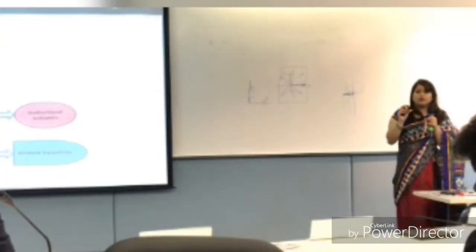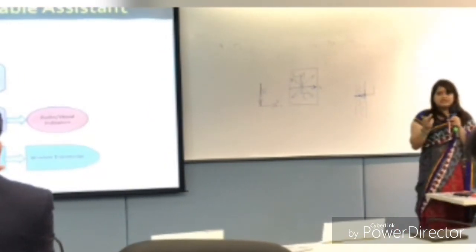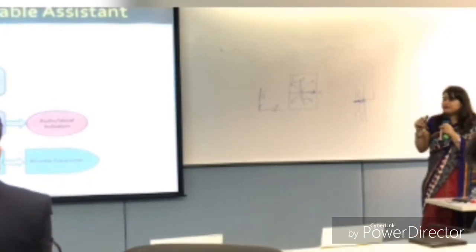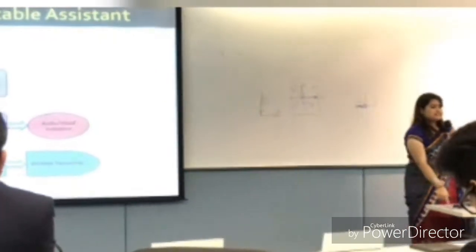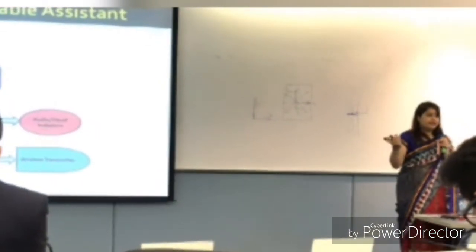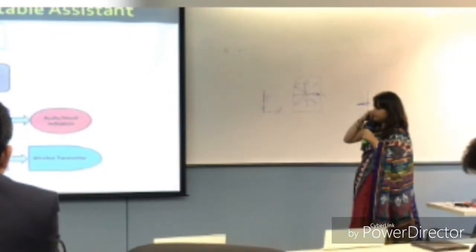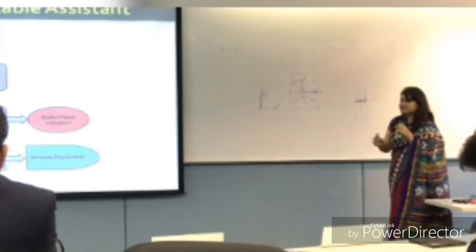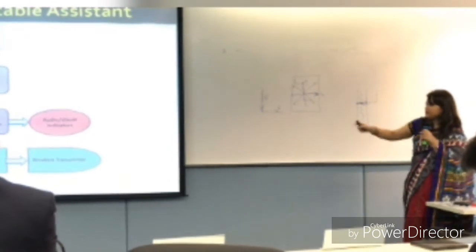In the prototype we can use a GSM SIM and audio visual indicators, so that if a person wants to call someone, the emergency contact can be contacted at that time. And the wireless communication driver is the wireless part from transmitter to receiver.